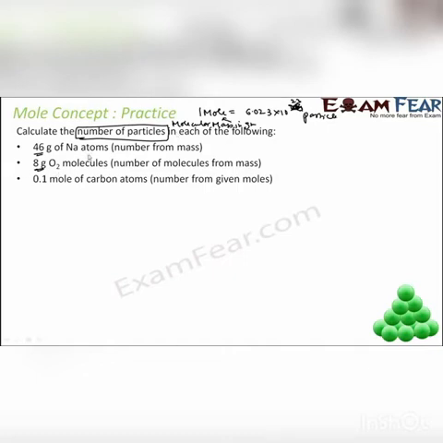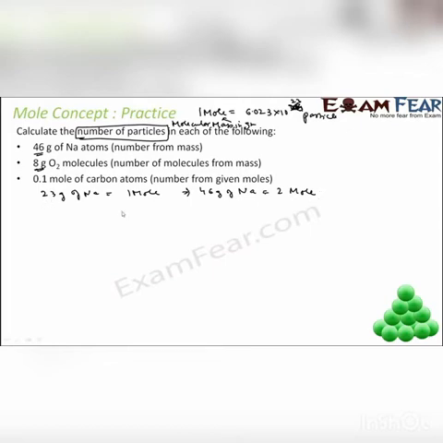So the first thing given is 46 gram of sodium atoms. First, let's find the number of moles in these. We know that 23 grams of sodium atom is equal to 1 mole. Right? The molecular mass of sodium is nothing but 1 mole. So with this, 46 grams of sodium will be how many moles? Obviously 2 moles. Correct?